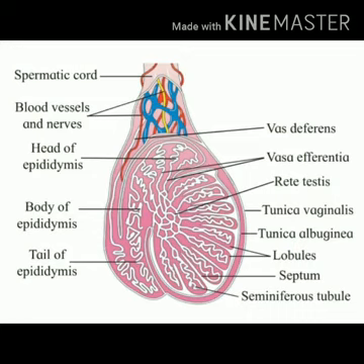Epididymis is a long and highly coiled tube which is differentiated into an upper caput, also known as head of the epididymis, middle corpus, called body of epididymis, and lower cauda, called tail of the epididymis. The sperm undergo maturation in epididymis.